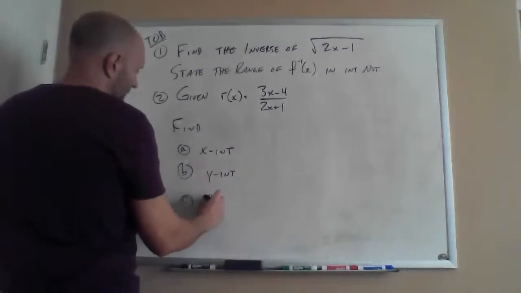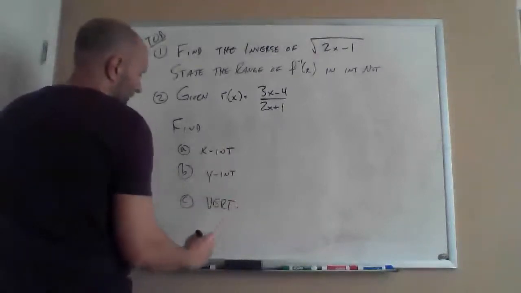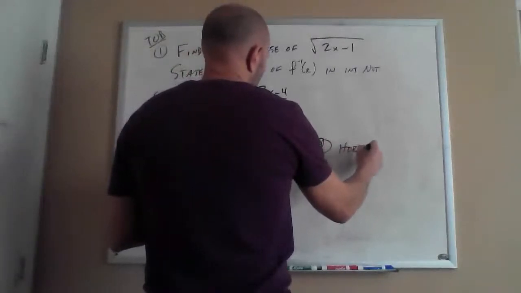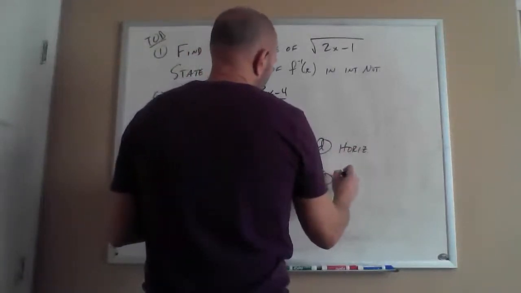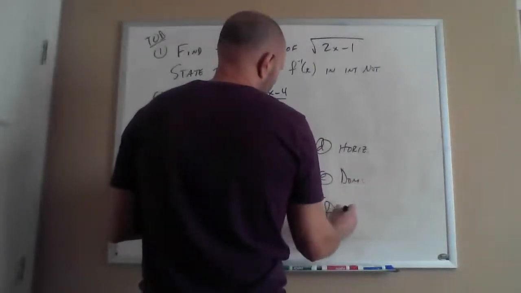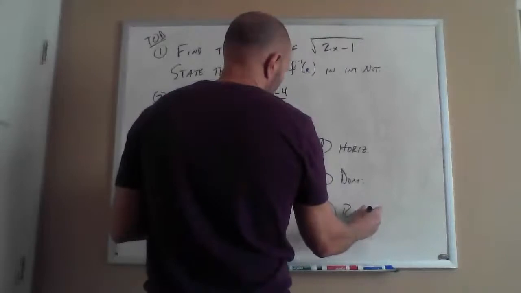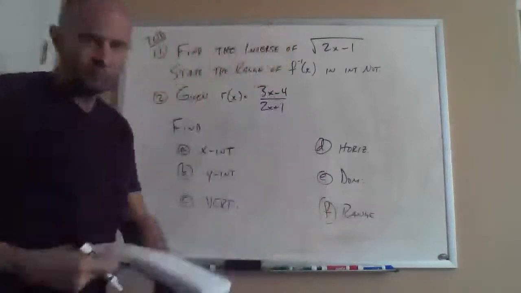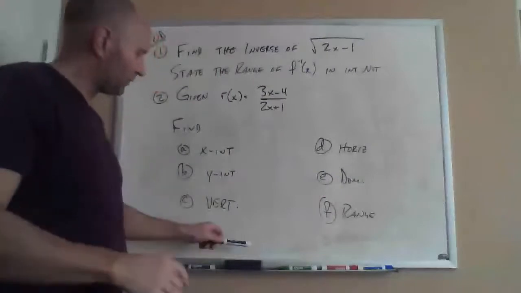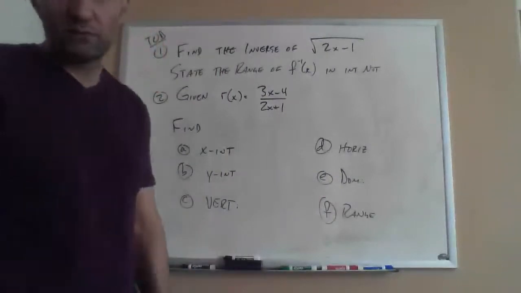Find the vertical asymptote. Find the horizontal asymptote. State the domain. And state the range. So go ahead and give those a try. Like I said, I'll put the answers up here in a few minutes after you guys have a chance.